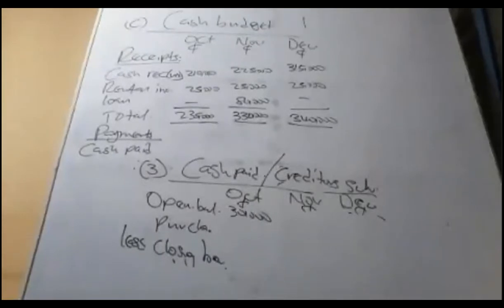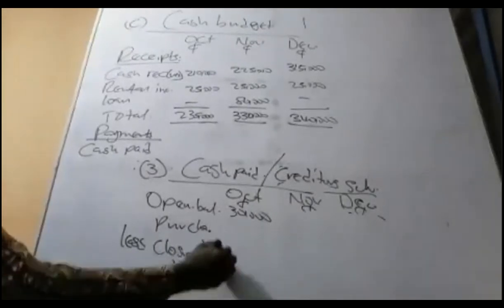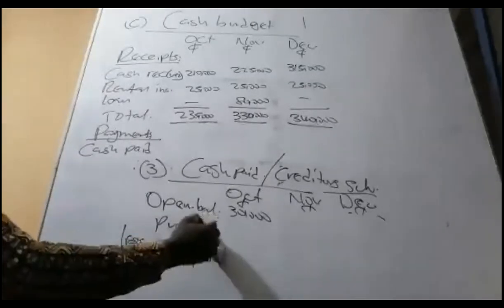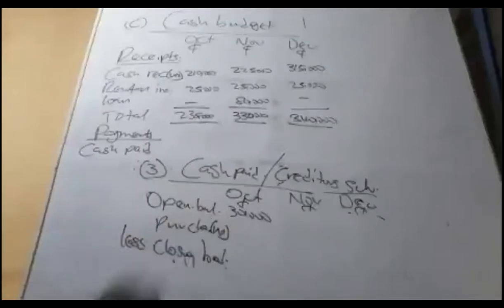Then I'm going for the purchases. Can you record all the purchases? Good. Let's go in for the purchase figure. So let's recall all the purchase figures that we did in workings number 1. So W1, workings 1. The purchase figure will be there.